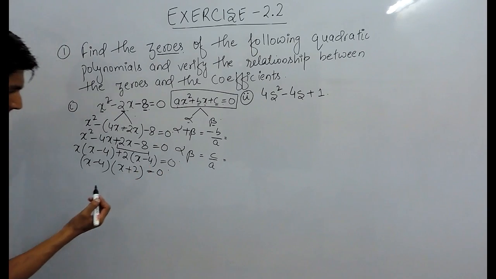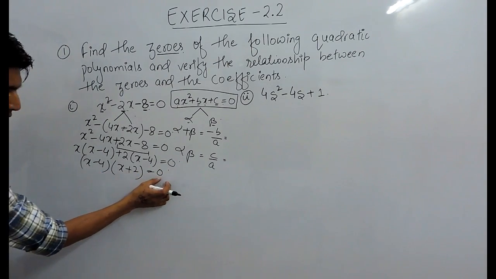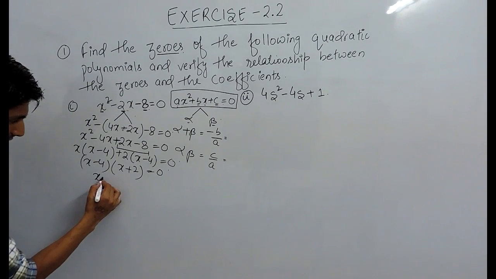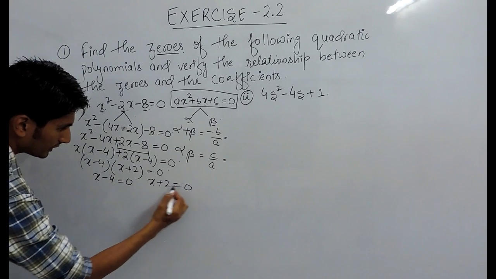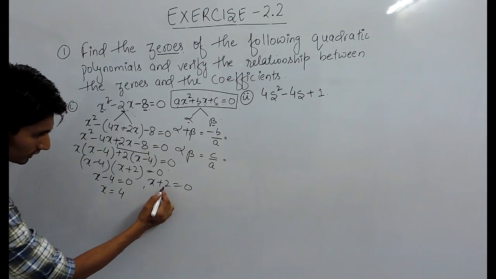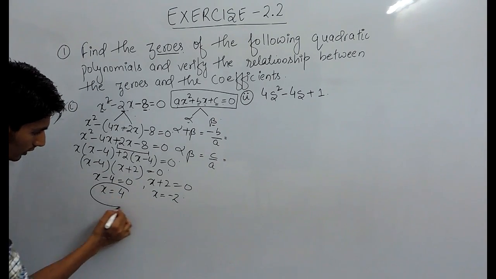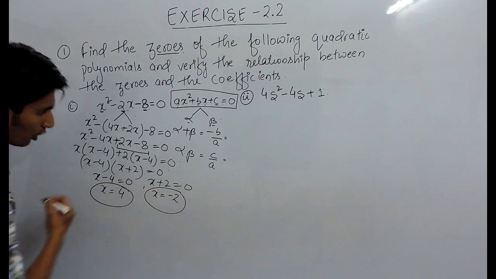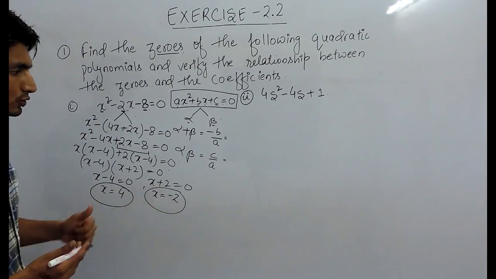If two factors multiplied equal 0, then one of them must be equal to 0. So the value of x can be 4, or the value of x can be minus 2. So the zeros for this quadratic polynomial are 4 and minus 2.